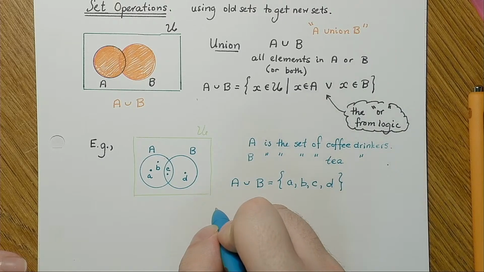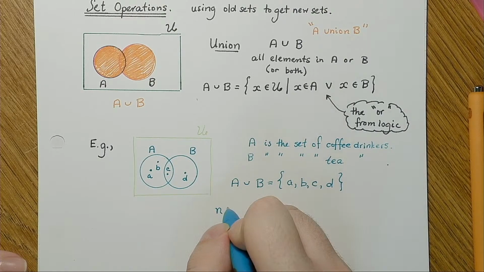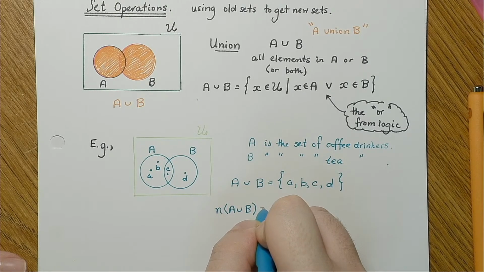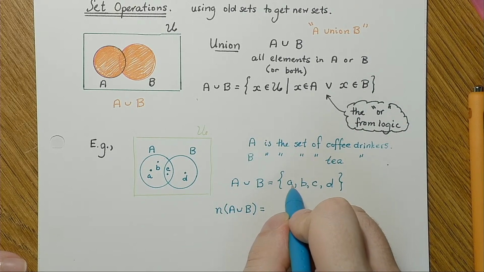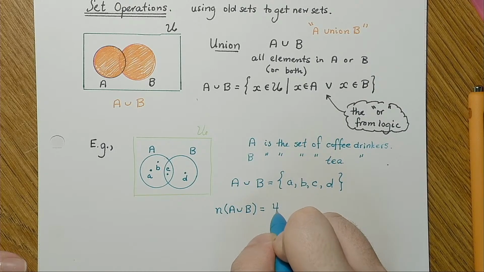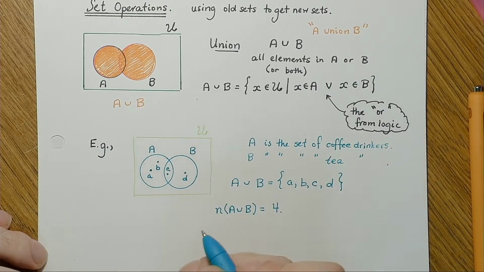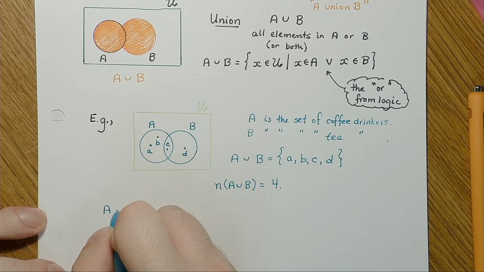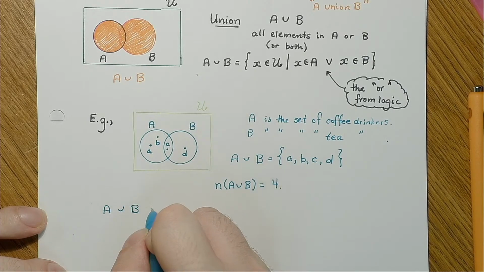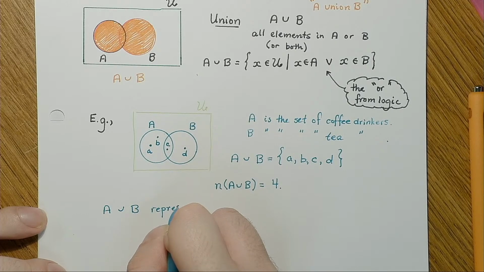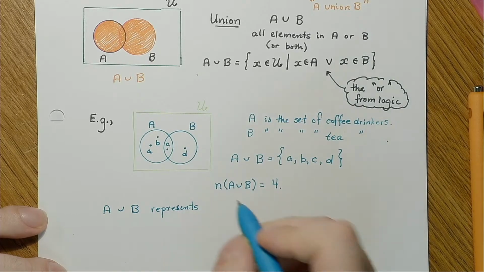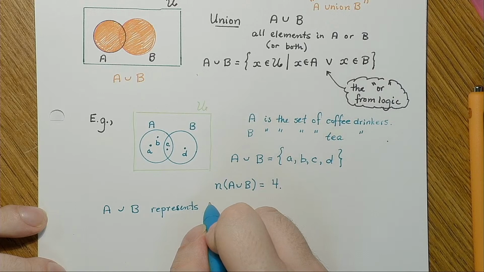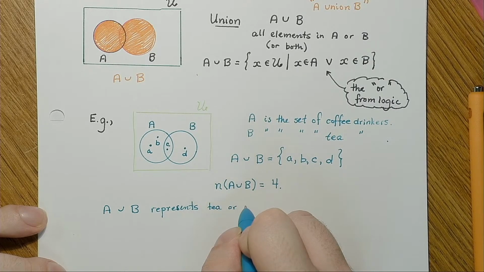So how many elements are in the union? That's equal to 1, 2, 3, 4. So A union B represents tea or coffee drinkers.